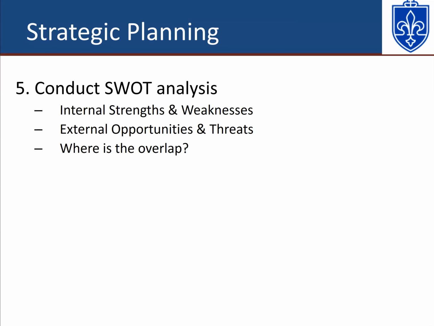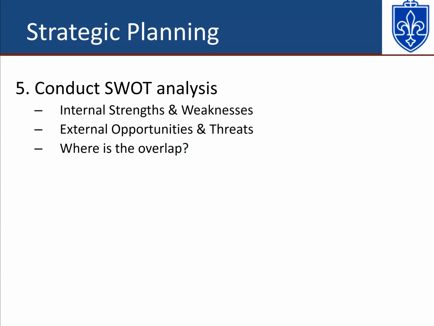The next step in strategic planning is to conduct a SWOT analysis. There's more information in your book as well as another video in this week's weekly module. With the SWOT, an organization is first identifying its internal strengths and weaknesses.